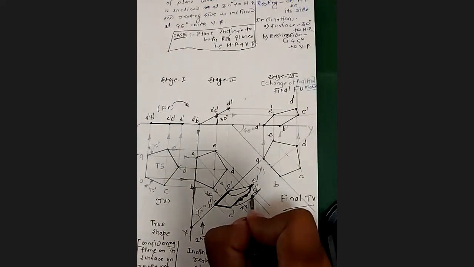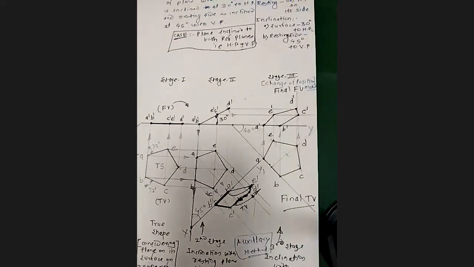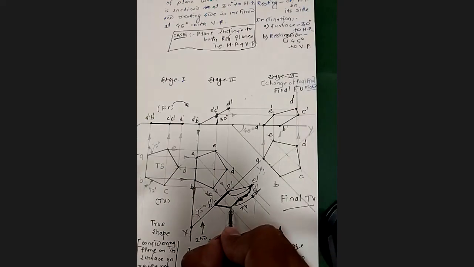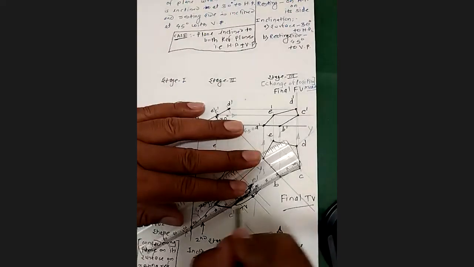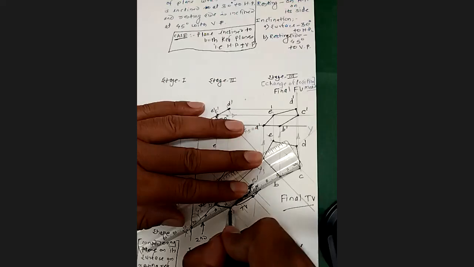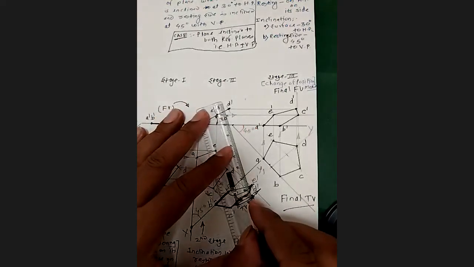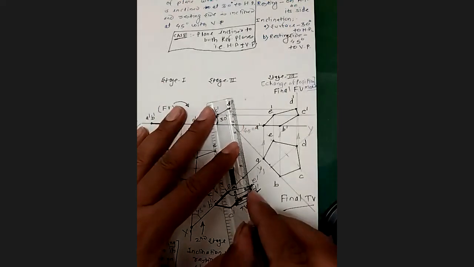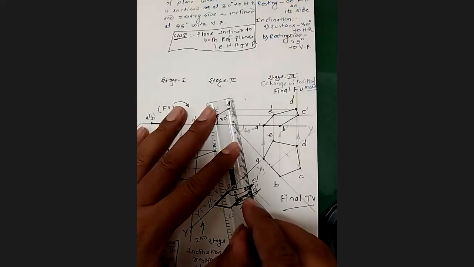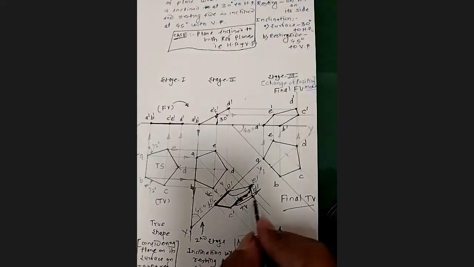I will name this D dash. Then I will join it, and then I will join D with E. So this is the answer. I will make it a little different with a different color later on.